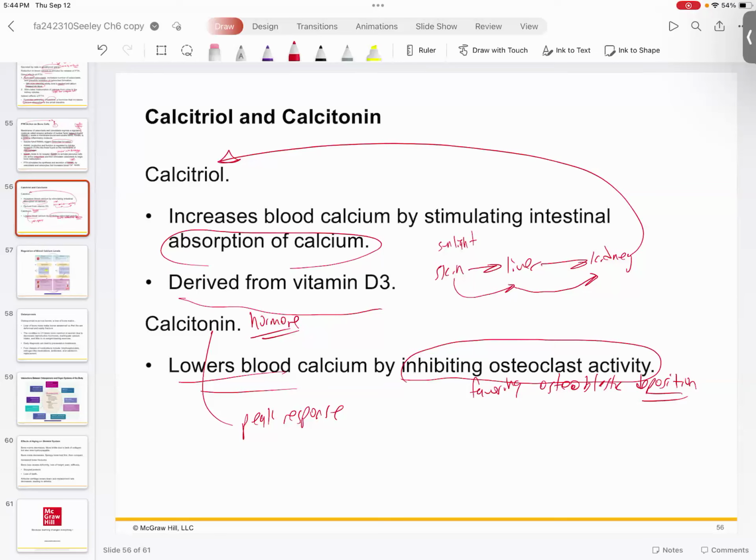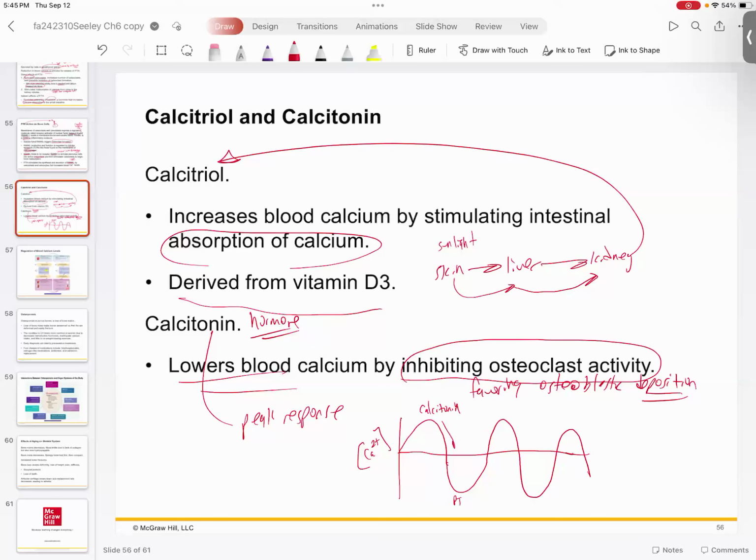So if you take a look then at the completed homeostasis curve of calcium levels going up and down and up and down. So here's your calcium concentration. Then at the peak of calcitonin, that turns that curve downward by inhibiting osteoclastic activity and favoring osteoblastic deposition, taking the calcium out of the bloodstream.